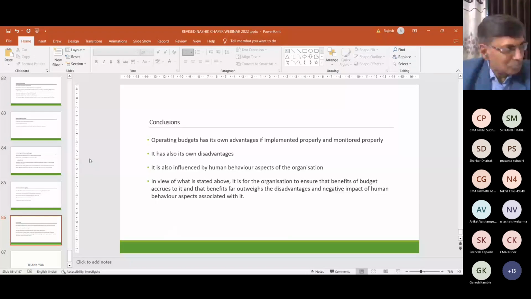What happens in zero-based budgeting? It is assumed that you don't look at the past figures. There is no extrapolation. As if this is a given level of activity, what different functional expenses will take place.